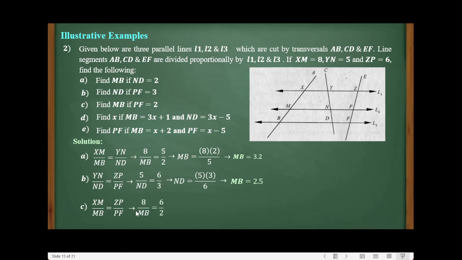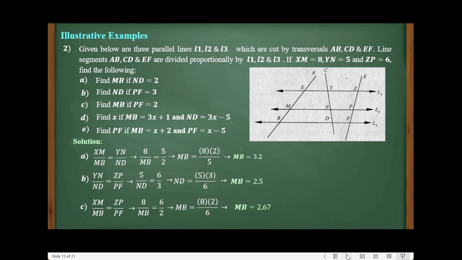XM is 8, ZP is 6, MB is the one we're looking for, so we just copy it, and PF is given in letter C as 2. This resulting proportion has a missing term, which is the value of MB. By doing the cross-product method, we can compute the value of MB. So MB is equal to 2.67.